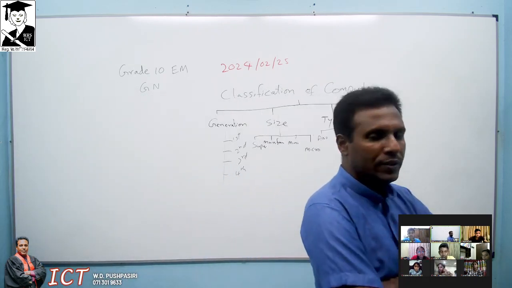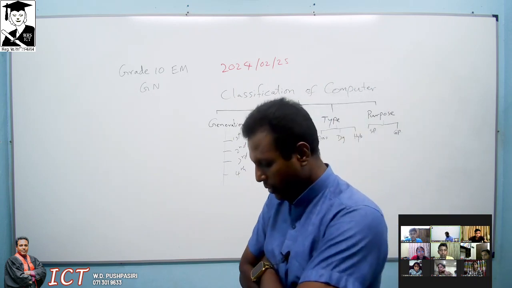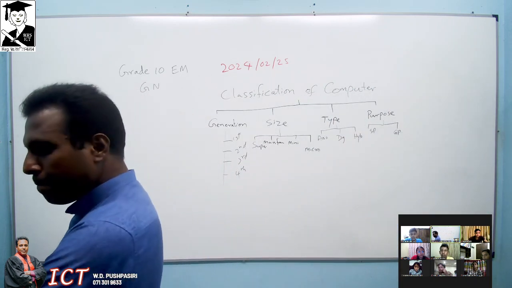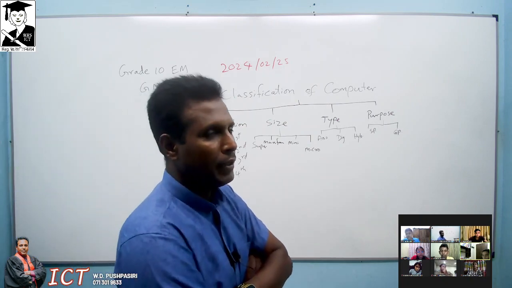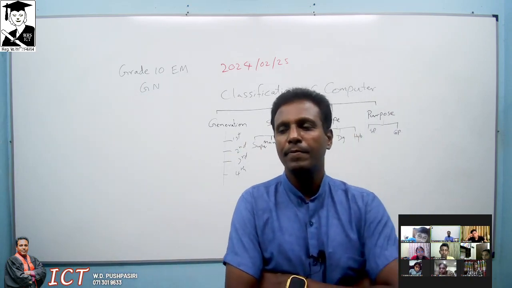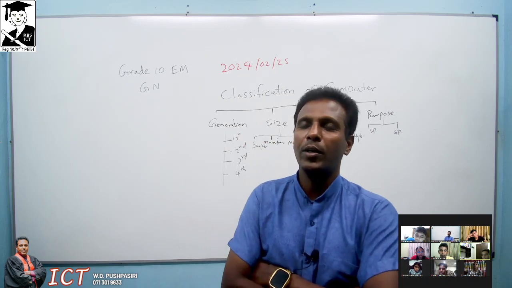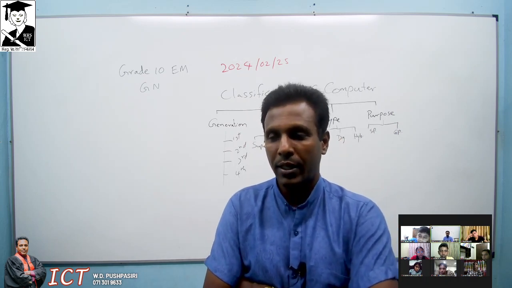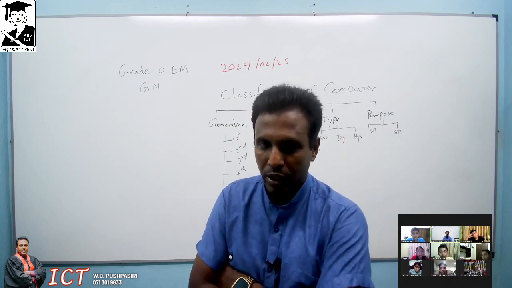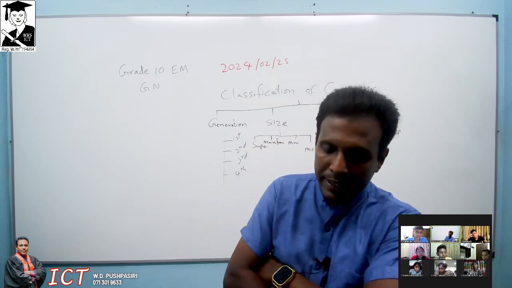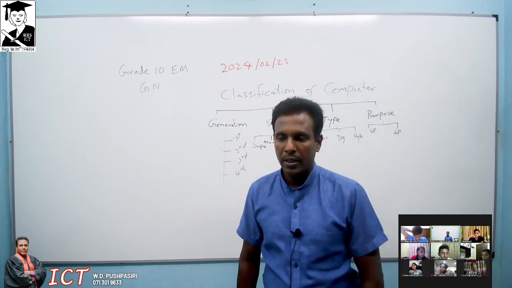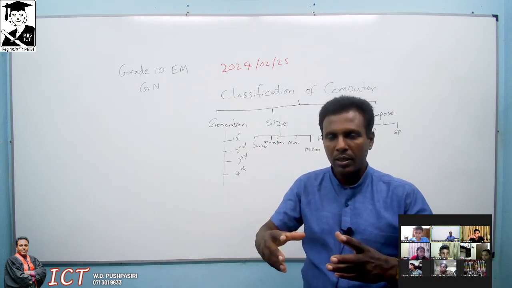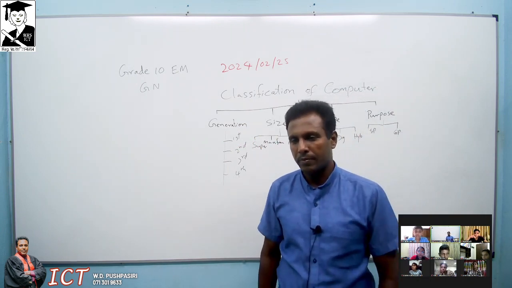Where have you seen that? In supermarkets. Very good. A POS machine is a computer system designed purposely for billing. So that is also called a special purpose computer.